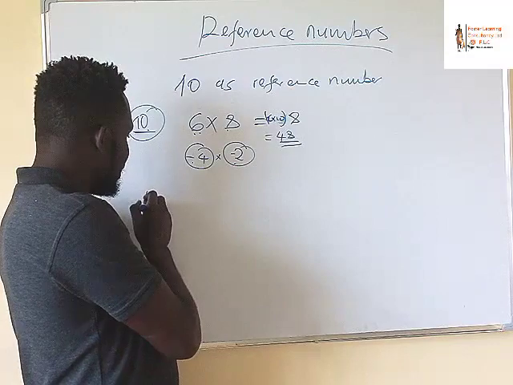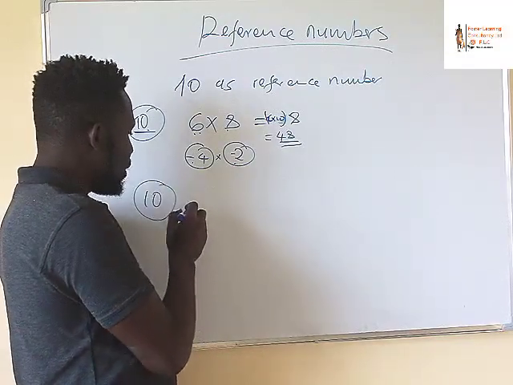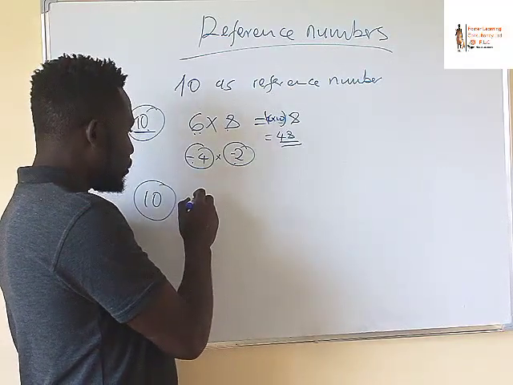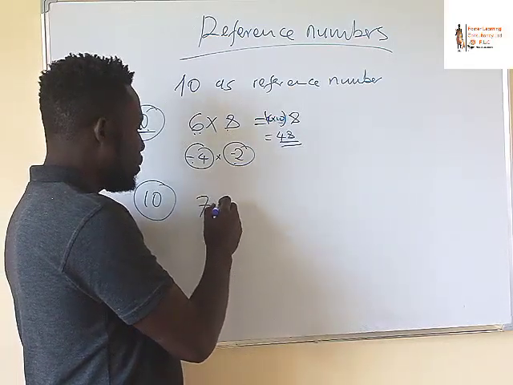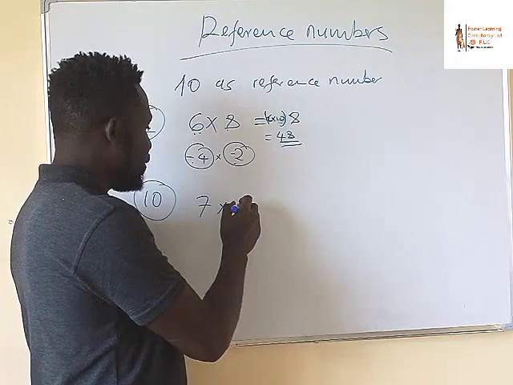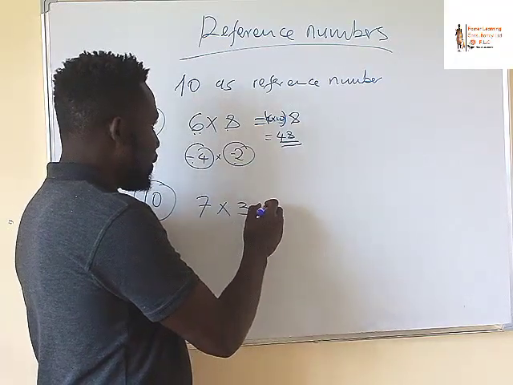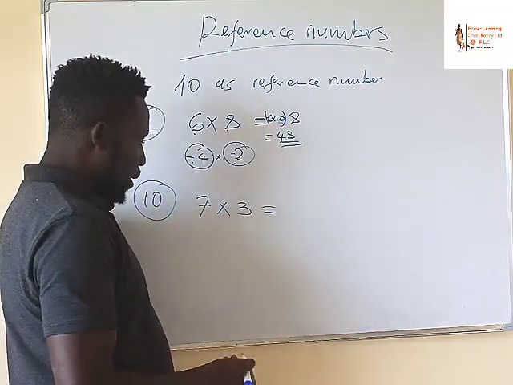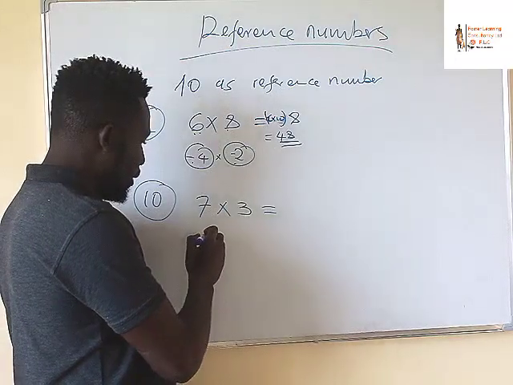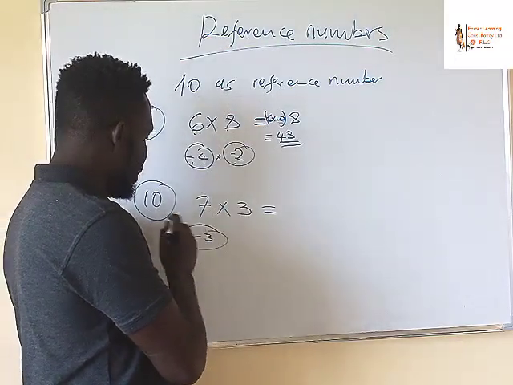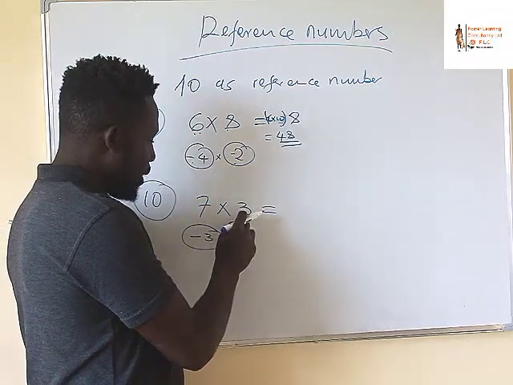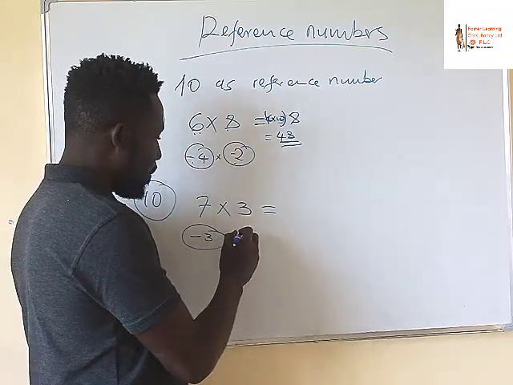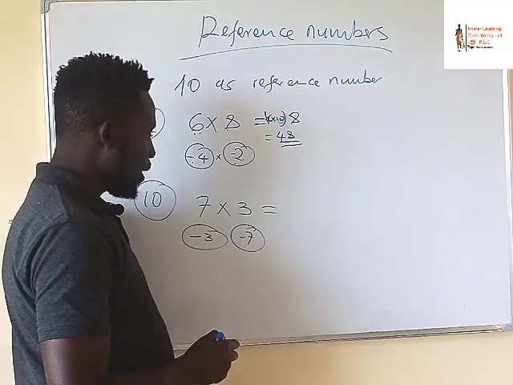Now, still having 10, let's say I want to multiply another small number, so let's say 7 by 3. Let's have a look at what's happening here. Here we have minus 3, because the difference between 10 and 7 is minus 3, and the difference between 10 and this one is minus 7. So what are we doing?